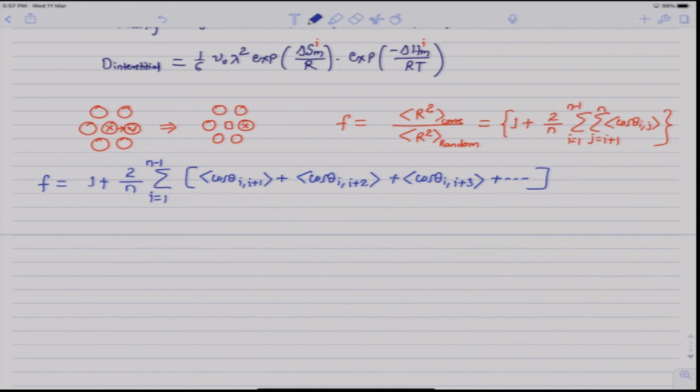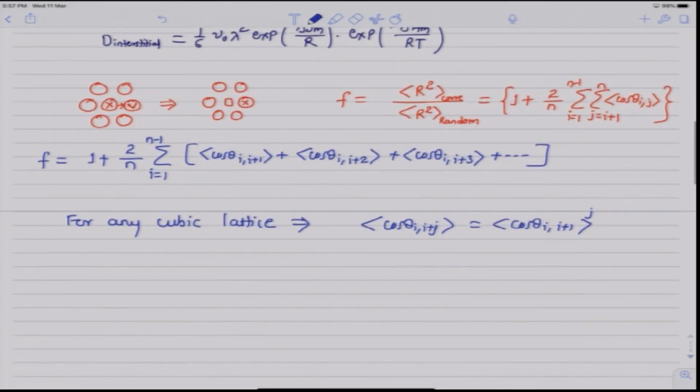Now, fortunately, we do not need to consider the pair of each jump with another jump that occurred after it, because for any cubic lattice we can show that the average of cos theta i,i+j is equal to the average of cos theta i,i+1 to the power j.